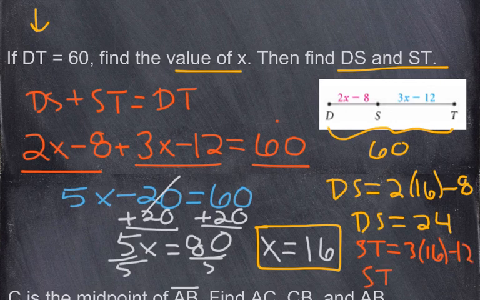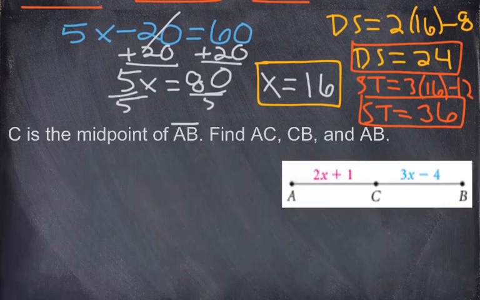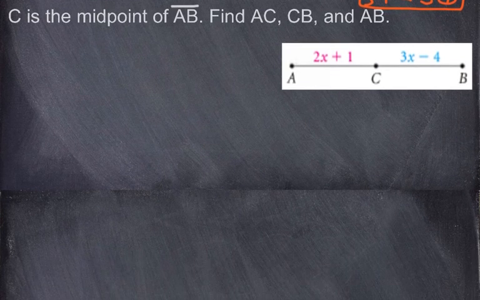Okay, so finally ST is equal to 48 minus 12, which is 36. So we know we did it correctly. There goes our answers. So again, segment addition: one segment plus the next, if they're in a straight line or straight segment, equals the entire segment. Okay, let's get to our last problem here.